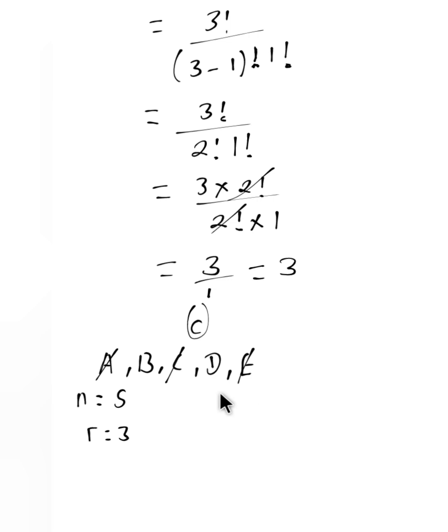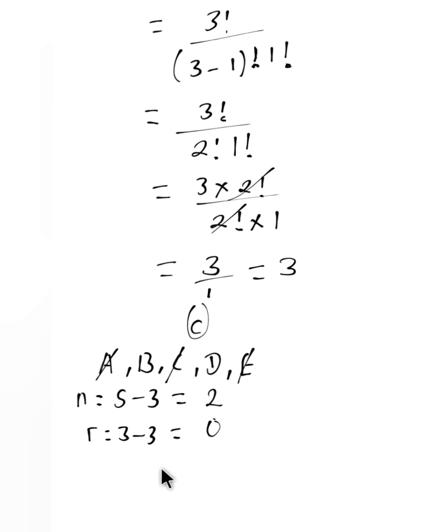So if A, C, and E are already chosen, this will be 5 minus 3, so we'll be left with 2. So I'm going to choose from B and D. Then we require 3 persons, but 3 persons are already chosen, so 3 minus 3, which is equal to 0. This just implies that out of B and D, we're not going to choose any from them because the number of directors required is 0.